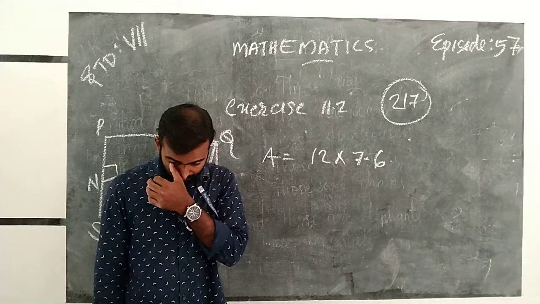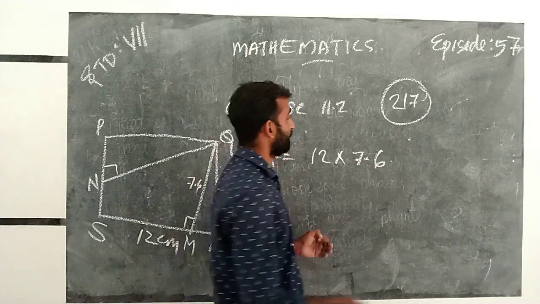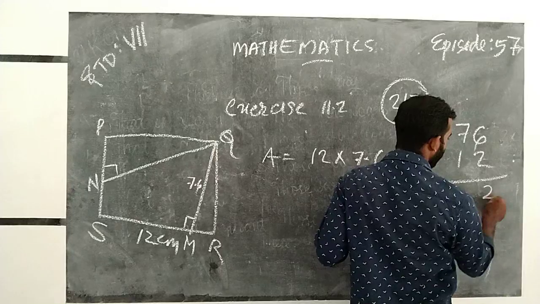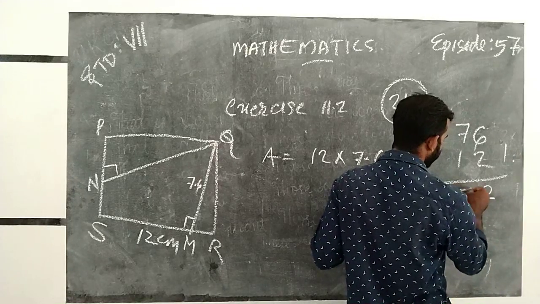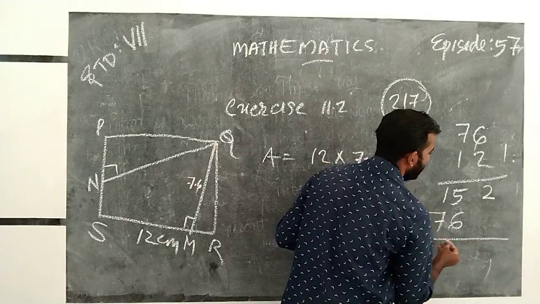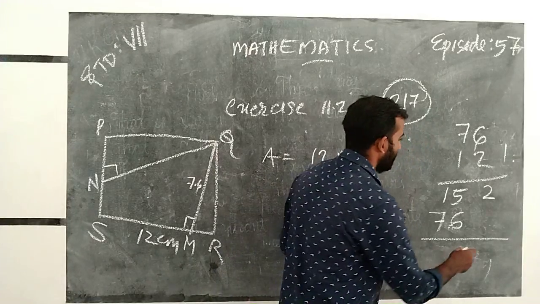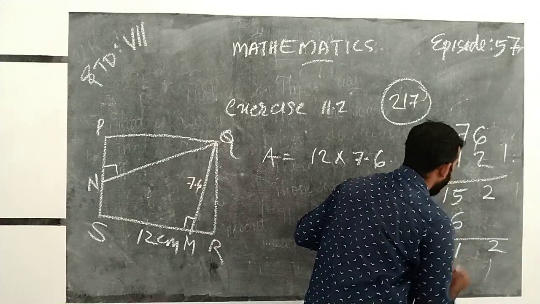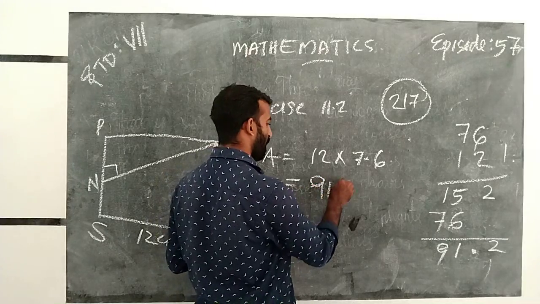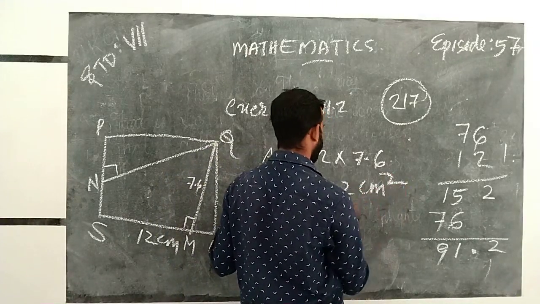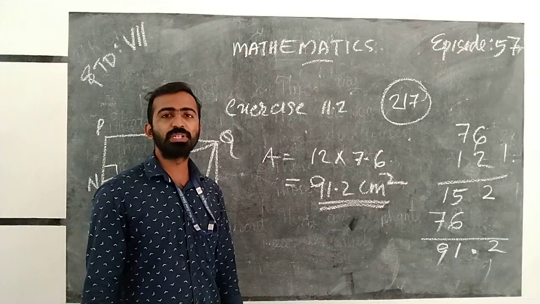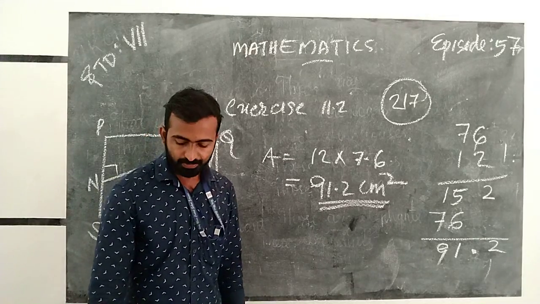We get 76 into 12, which gives 91.2. So the area equals 91.2 centimeters square, and that is the answer.